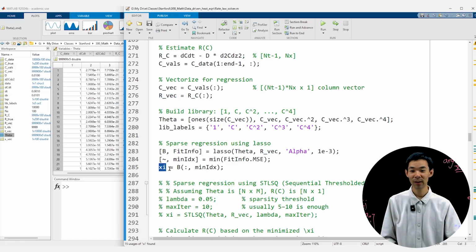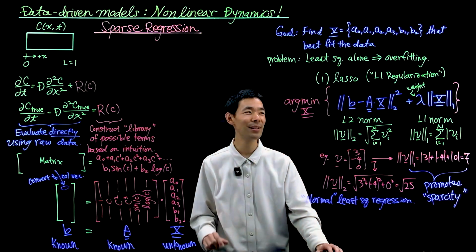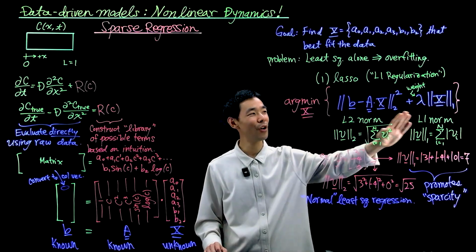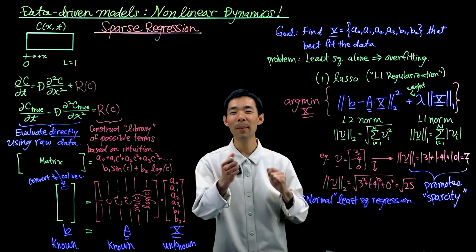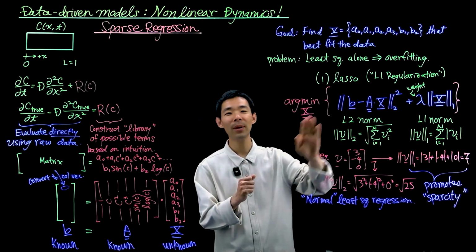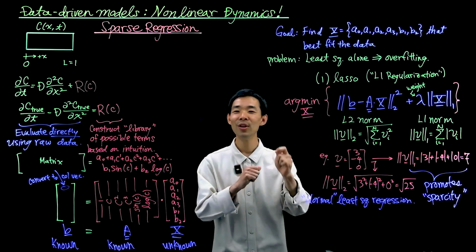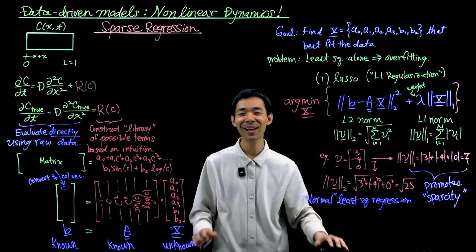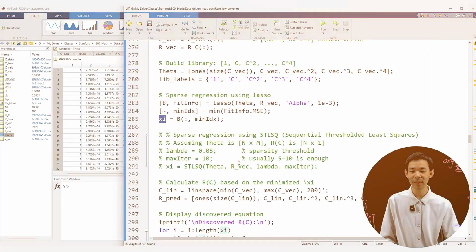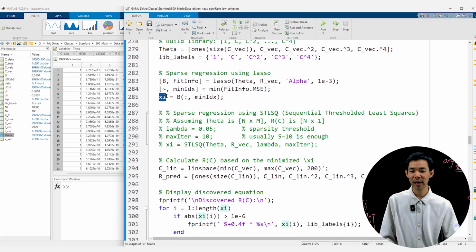So we can evaluate what x is here after we do this sparse regression using lasso. I'm not going to talk so much about these extra parameters. You can tune that a little bit. It has a little bit to do with the weight that I explained over here on the board, how much you want to penalize the L1 norm compared to the L2 norm. You can put different properties inside this lasso function. And what we're going to do is just take that output of the unknown coefficient matrix, which we now evaluated.